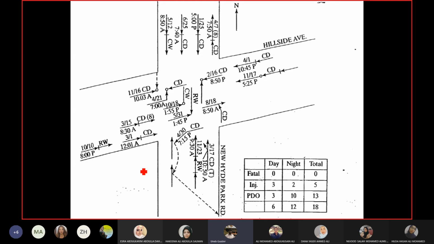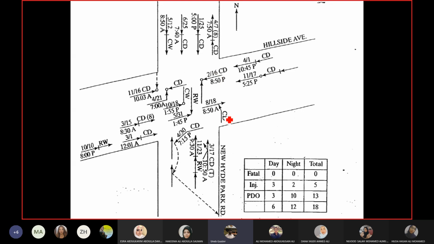For each type of condition, you can develop your own legend, your own coding, and you can add it in the collision diagram. But I told you the common symbols I showed in the last slide, and the most common information to be added with that is the time and date.